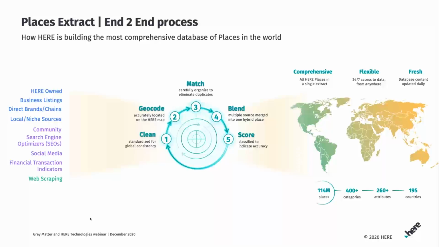We also have contact with brands, with chains, where we directly get their information because they also want to be represented digitally in the right way. And moreover, and therefore I represent the EMEA region, we're also looking everywhere in Europe for local and niche sources to really ensure that we have the latest and greatest information available in our POI content.